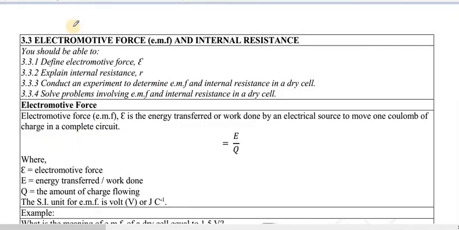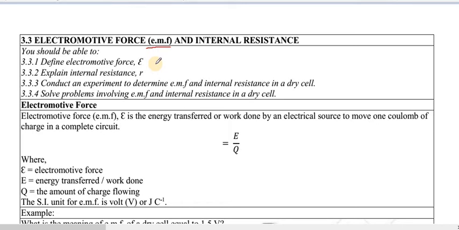Okay, we continue with electromotive force and internal resistance. The short form of electromotive force is E.M.F., E dot M dot F. So when you answer an essay question or structure question, you do not have to write the whole word electromotive force.